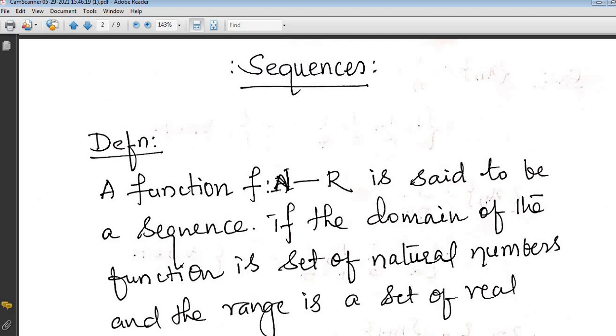What are sequences? The definition is that a sequence is a function f from N to R. A function f from N to R is said to be a sequence if the domain of the function is the set of natural numbers and the range is the set of real numbers.